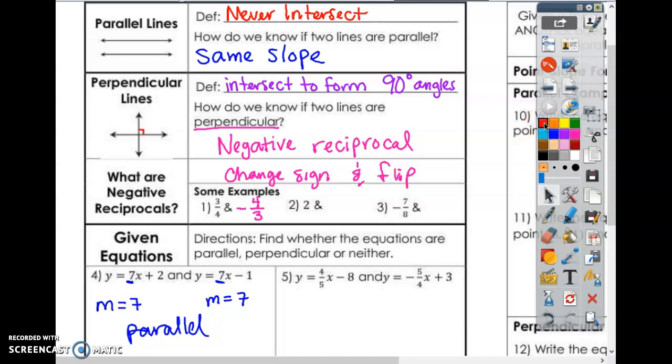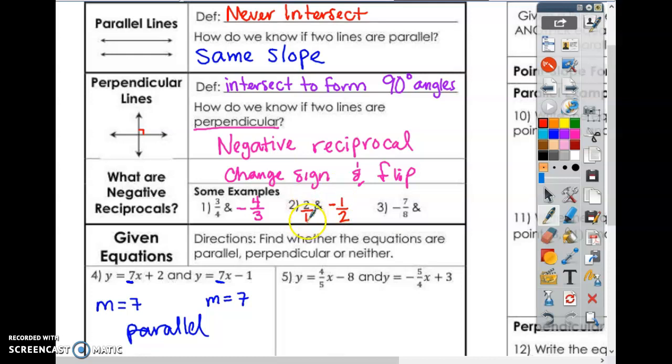So let's practice another one. If this is positive 2, what's the other one going to be? Negative, right? This is 2/1. So if I flip it, what does it become? 1/2. So the negative reciprocal of 2 is negative 1/2.